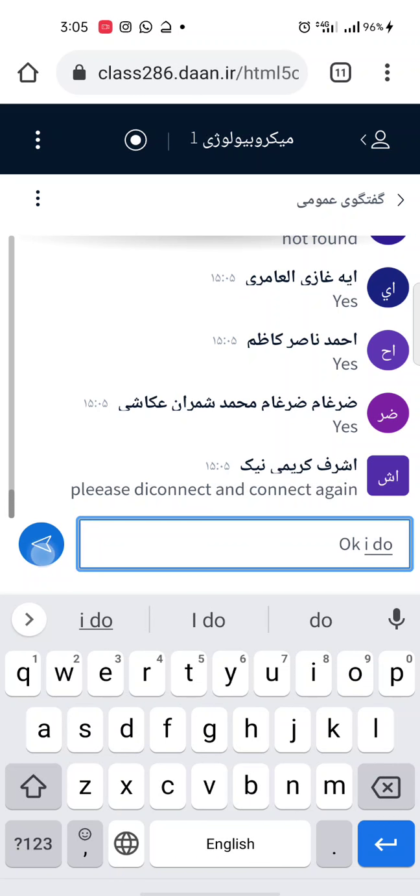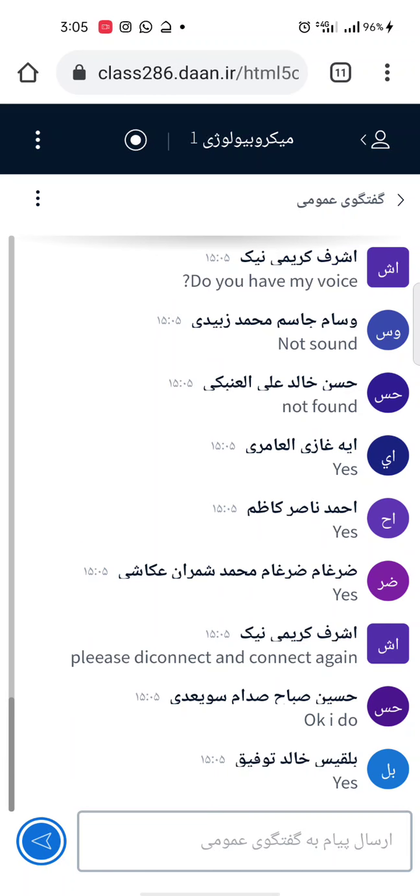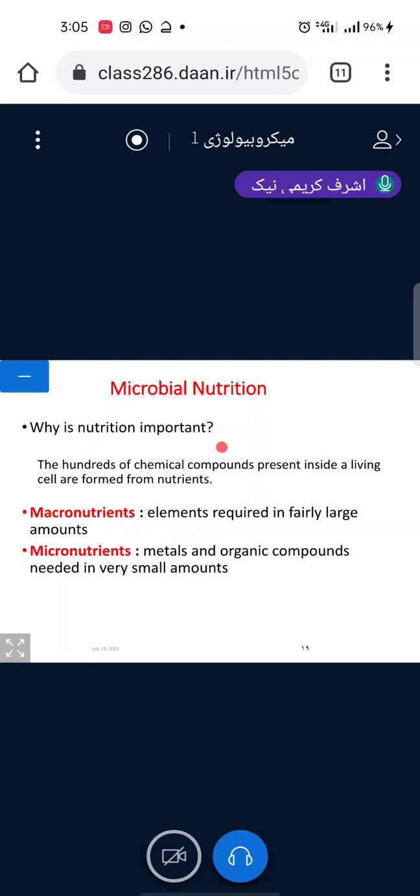Microbial nutrition. Why is nutrition important? Nutrition is important for all organisms. It's for growth. For humans, it's very, very important. And for all organisms.